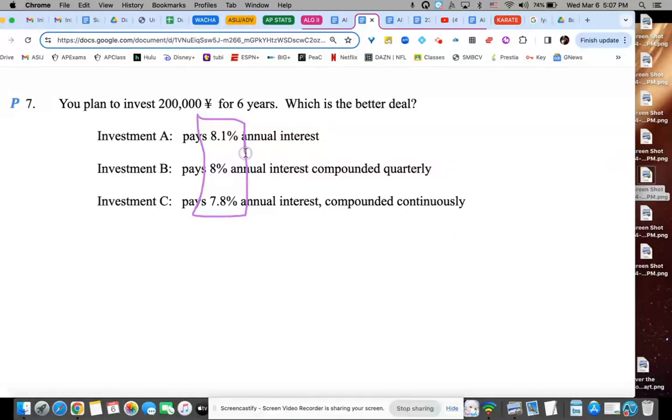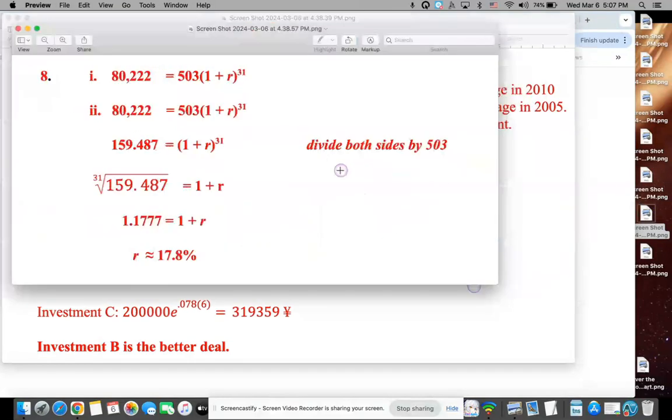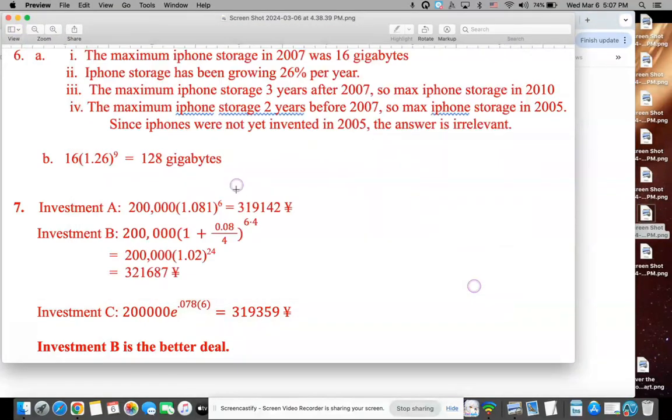The percentage is going down, even though the compounding is going up. So that's kind of a mystery about which one's actually going to be better. If these were the exact same rate, then I know compounding continuously would be the highest one. But they're not the same rate. This is actually the lowest rate. So maybe it offsets it a little bit, right? So let's take a look.